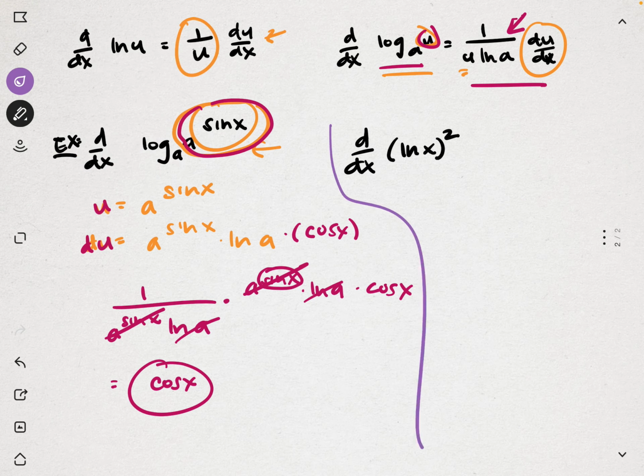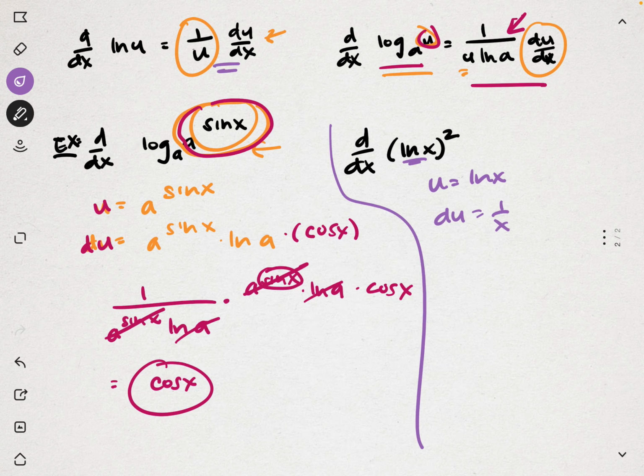Okay, and then to the next example, remember that ln x is our inside function, so that would be our u. Our du would be 1 over x, from this part. So let's put this together and see how it works out.